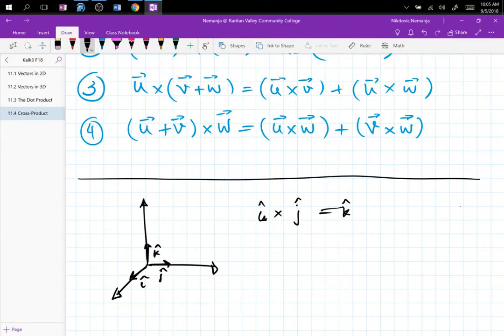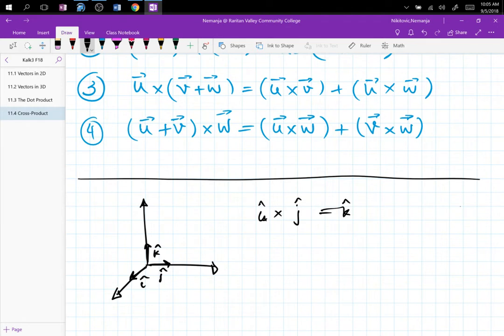So the theorem over there shows all of the possibilities. You see that when you cross the vector by itself, obviously you're getting 0 because i is parallel to itself. But i cross j is k, k cross i is j, and j cross k is i.